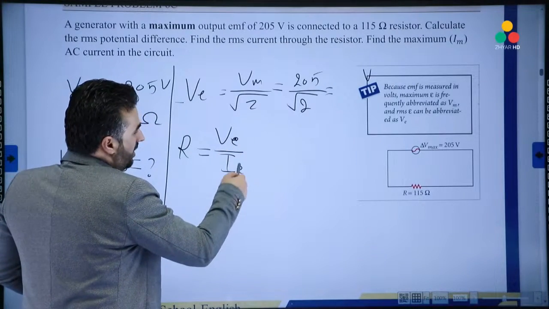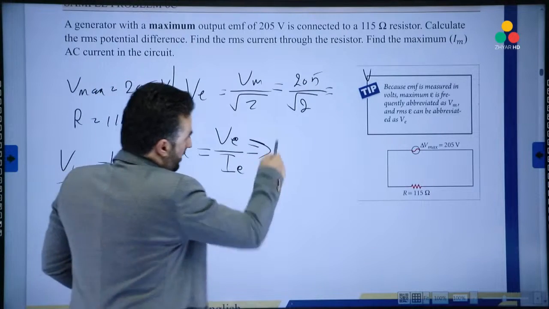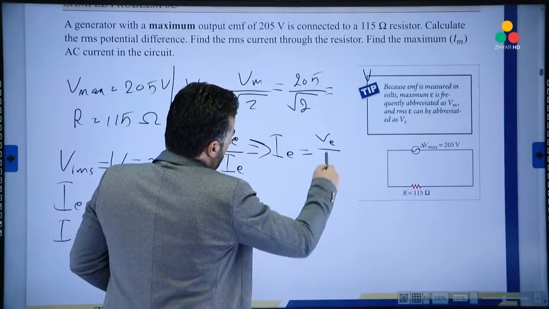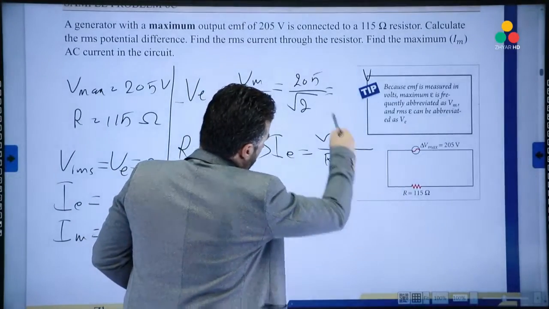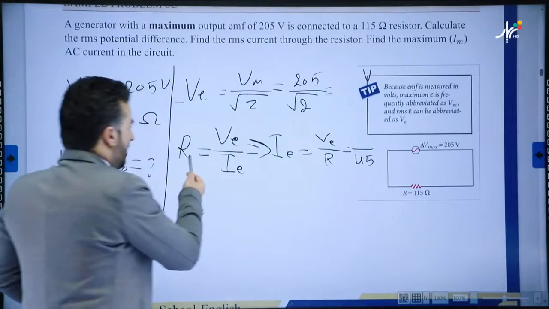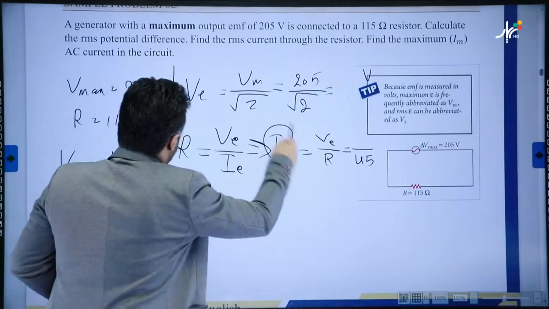So I effective equals V effective over the resistance, whatever the V effective is over 115. That is 2 so far, okay?